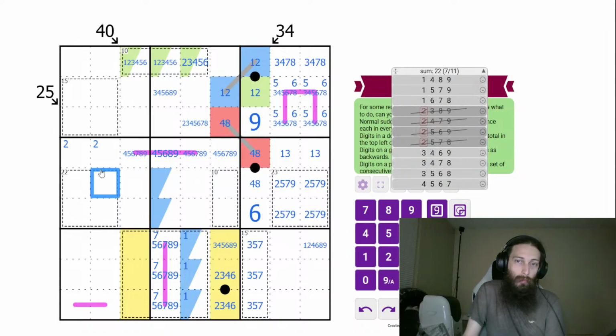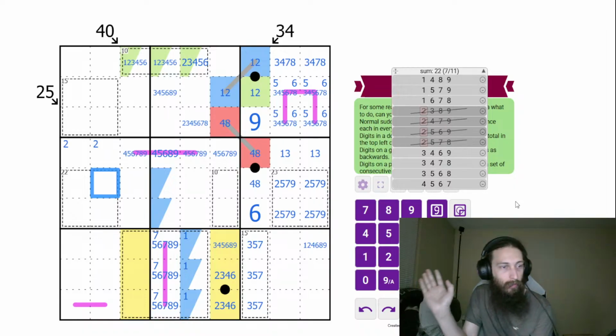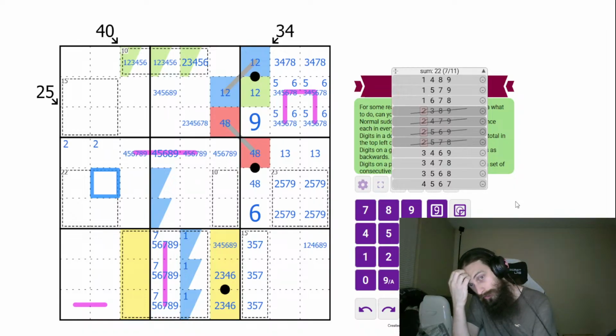So we know that we have to have a 5, 7, or 9 in the 22, which I think has a 9 in it, has a 7 in it, has a 5 in it, has both 5 and 7. So we couldn't have done that anyway. That doesn't eliminate any options.